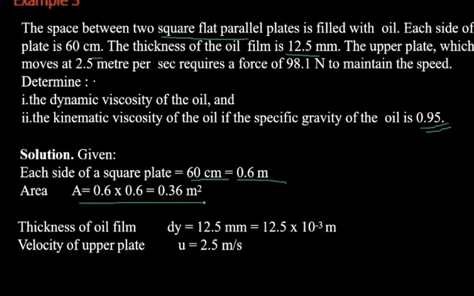Area of the square is 6 into 6, 36, that is 0.36 meter square. The thickness of the oil film, that is dy, is 12.5 into 10 power minus 3 meter. The velocity of the upper plate is 2.5 meter per second. So u is given, dy is given, area is given. Force is also given, 98.1.